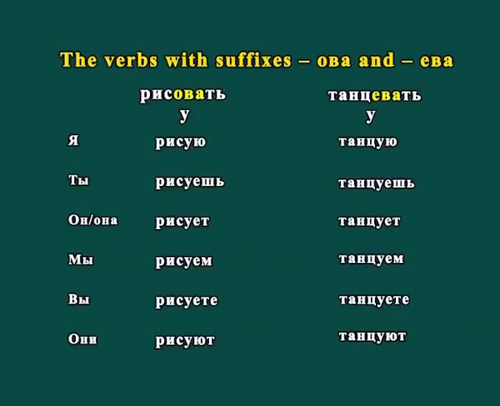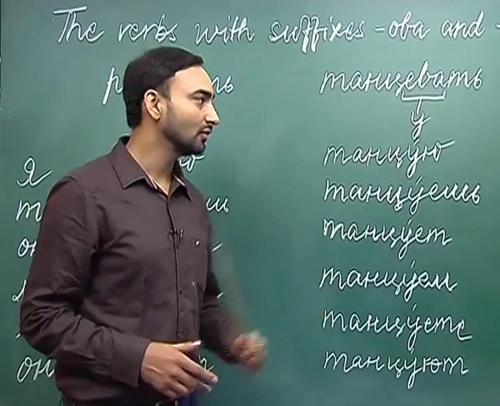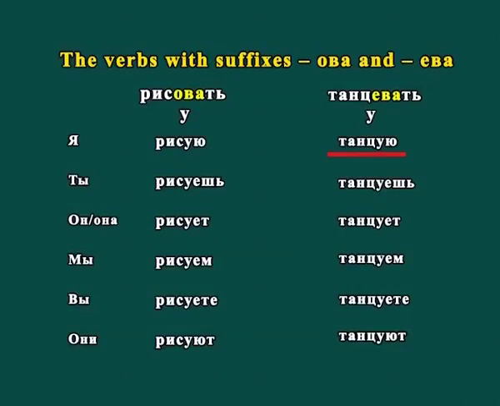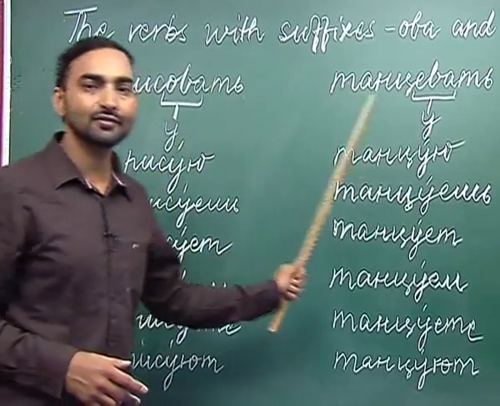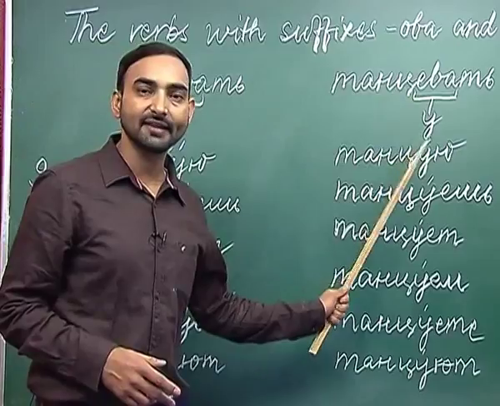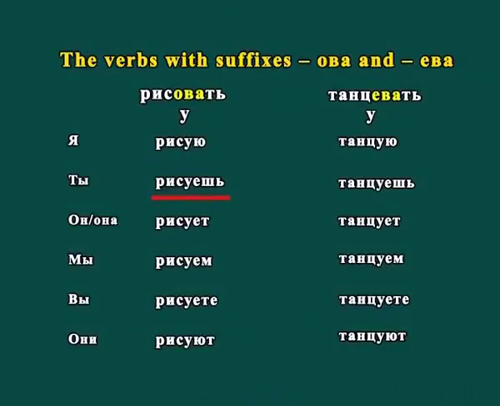You replace -ева with у. So what will we have? Танцую. Рисую, танцую. So we have replaced -ова and -ева with stressed у. Ты рисуешь. Ты танцуешь.